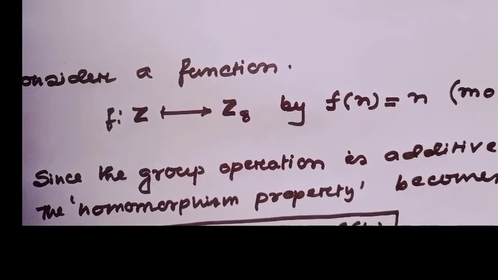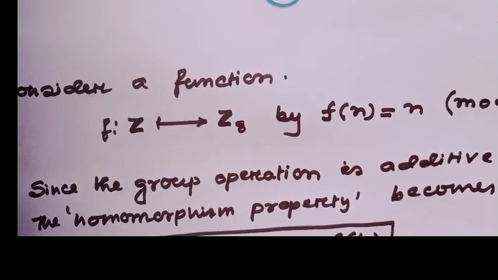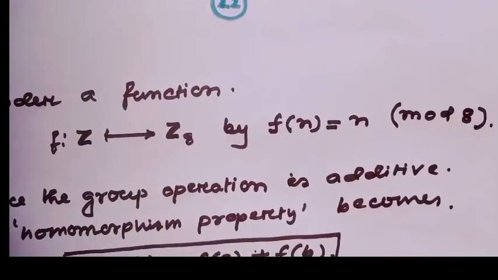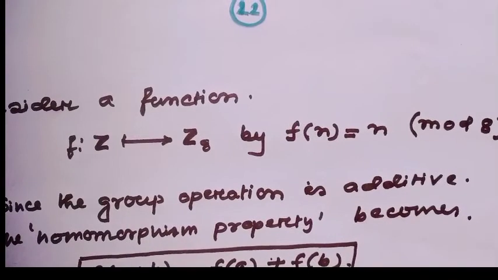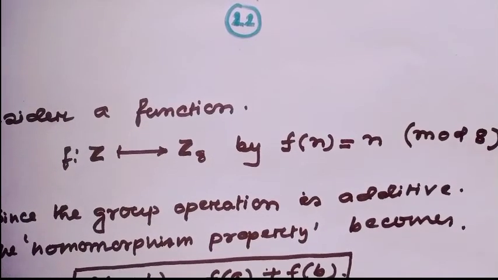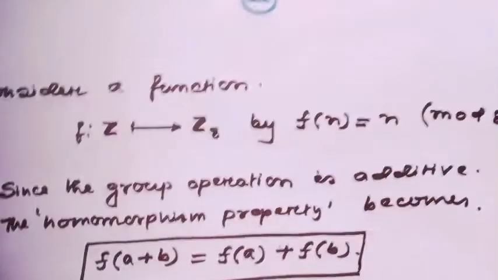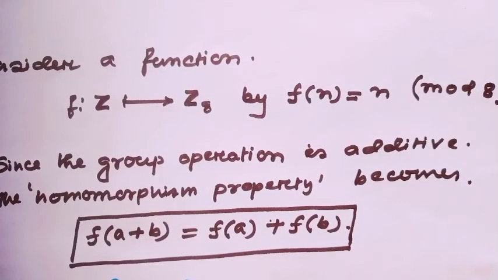Now let's see one example of homomorphism. Consider a function f from Z to Z8 by f of n equal to n modulo 8. Now my question: is it a homomorphism? Let's verify. Since the group operation here is addition, the homomorphism property is f of a plus b equal to f of a plus f of b.